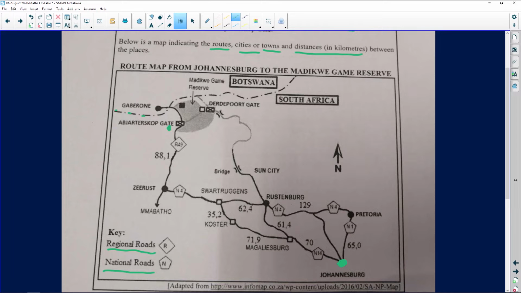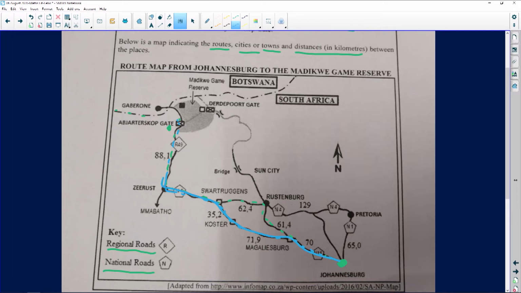And I'm going to show you the two alternative routes. The first route would be going like that. That's the first route. And then the second route would still be going via the N14, but this time going along that way. So we want the shortest route between the two. I think it would be this route.